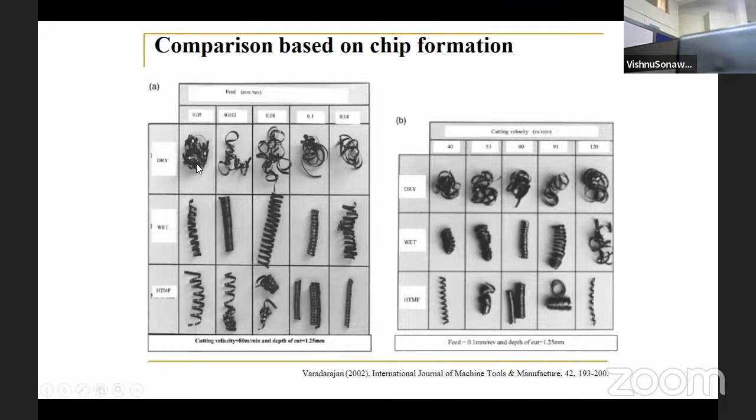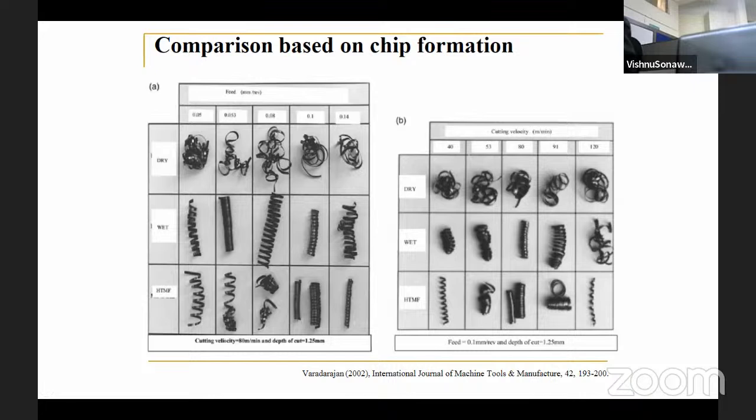Here, with dry lubrication, wet lubrication and MQL, that is minimum quantity lubrication, a smooth and continuous chip will be formed, but in dry machining, a straight chip of maximum size will be formed, but in wet machining, a curly or spring type chip will be formed, at different speeds and different cutting velocities.